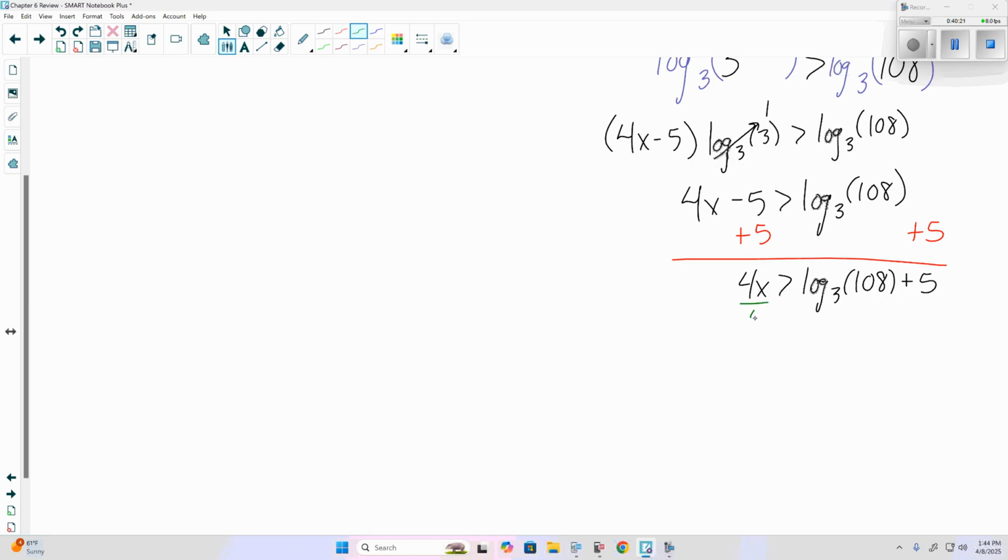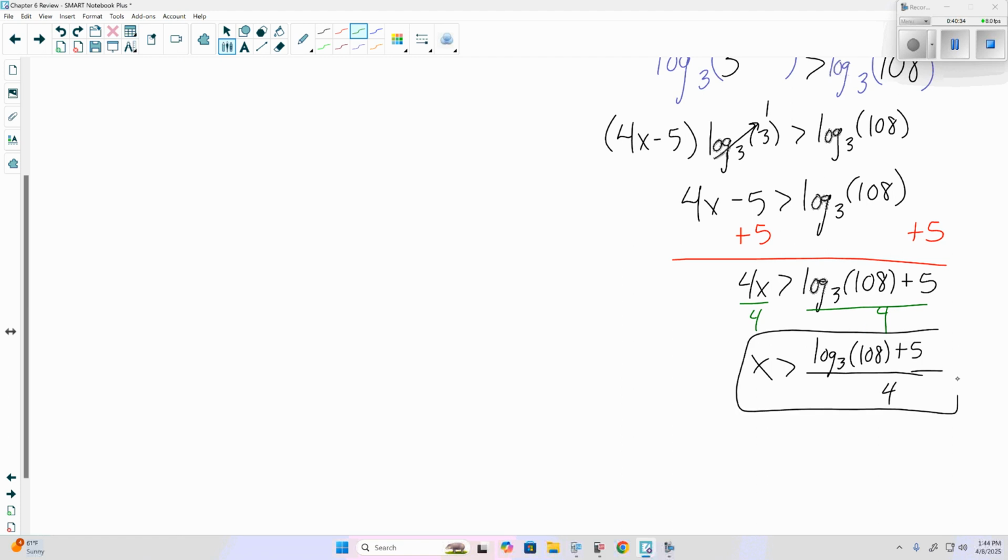And lastly, we would divide both sides by 4, telling us x is greater than log base 3 of 108 plus 5, divided by 4. And that's it. Since x started out as an exponent, it doesn't matter what the values are. We can add any value in there.